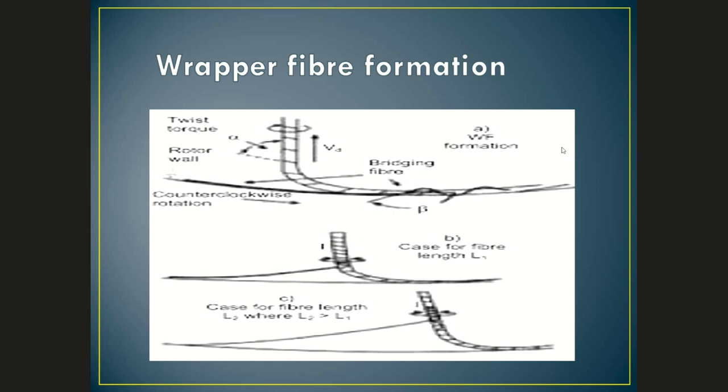So this wrapper formation is the way this fiber is wrapping, and this fiber does not have a helical configuration, and we will not be able to get the advantage of this wrapping to a large extent. So this is how the wrapping takes place.